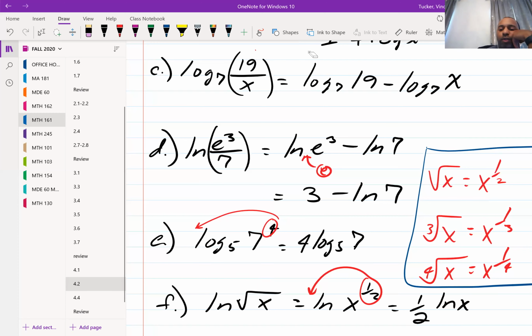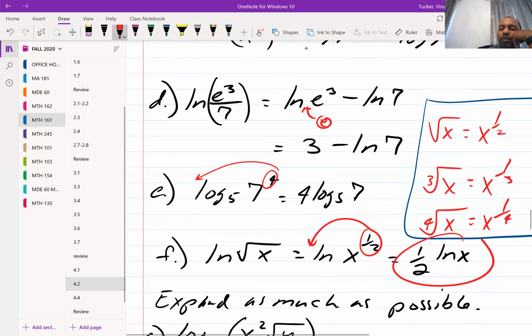Then you bring it down front, and your most simplified way of expressing it is 1/2 natural log of x. So basically, whether you rewrite it or not, you recognize that this square root is 1/2 as an exponent. Then bring your 1/2 out front, and 1/2 times the natural log of x would be a simpler way of expressing this expression.